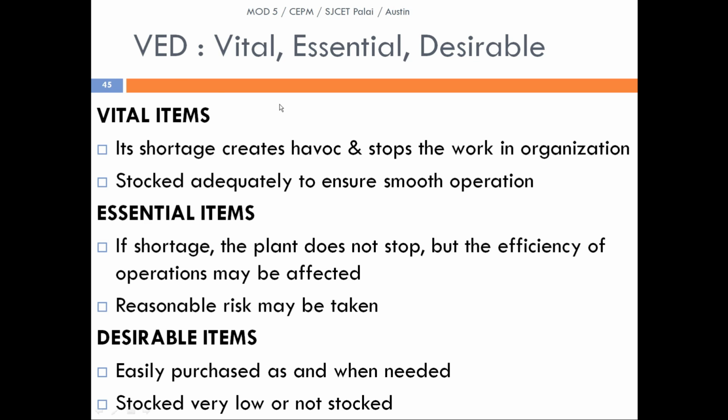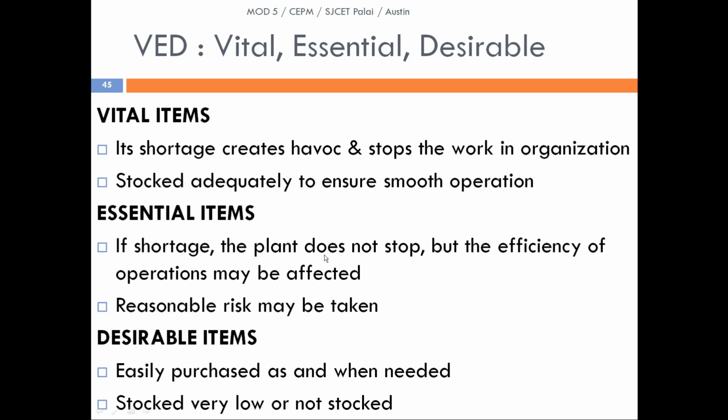Okay. Next, we are going to deal with two more different types of inventory control measures which are inferior in nature. First one is VED: vital, essential, and desirable. As the name suggests, vital items means shortage creates issues, so they are critical and need not be compromised.